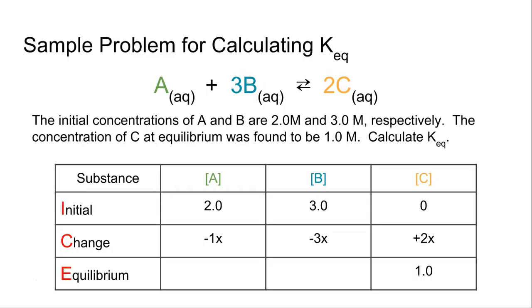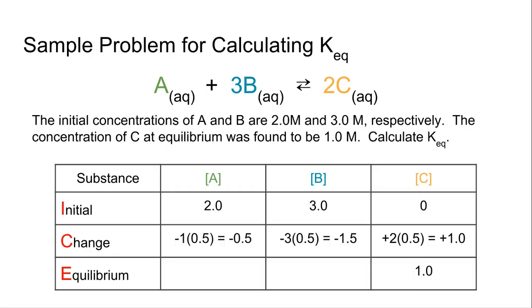So now let's look and see what we got for C here. It starts with 0 and gains 2x and has to have an equilibrium concentration of 1.0. So doesn't that mean that 2x equals 1, or x equals 0.5? So now we can replace all of those x's with 0.5. And that's what we end up getting here.